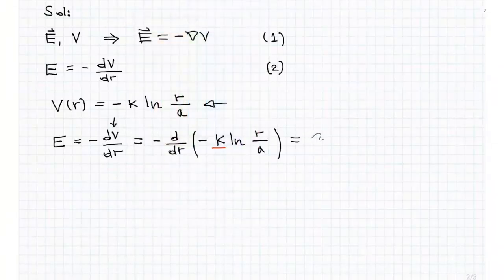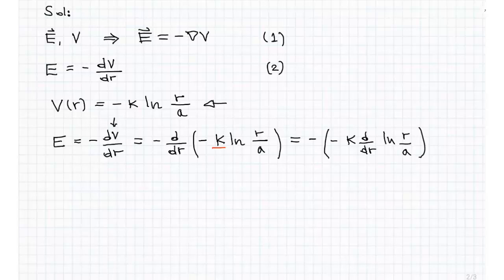We will have minus, open parentheses, minus k, taking k out of the derivative because it is a constant, and the derivative with respect to the radius of log of r divided by a. Then E is equal to, minus and minus is plus, k times the derivative with respect to the radius of log of r divided by a.